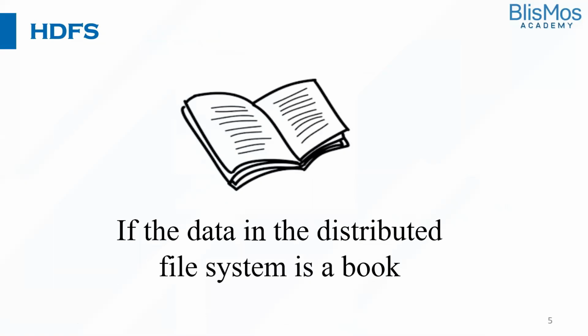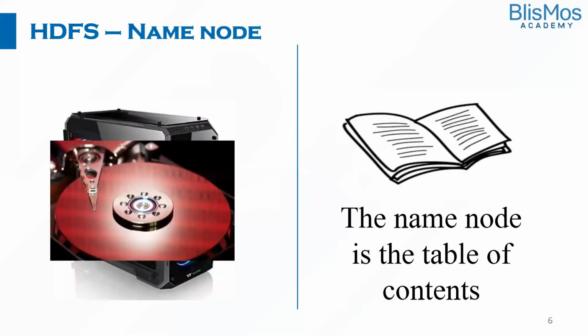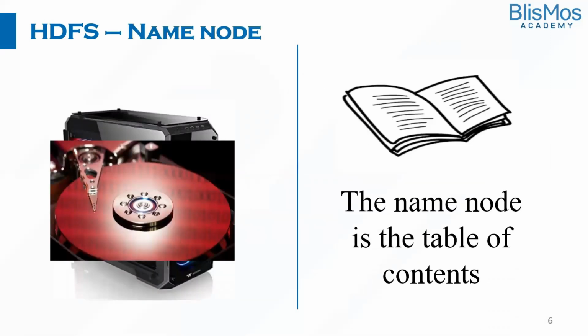Now let us assume that the book itself is the data which is distributed across the different nodes.